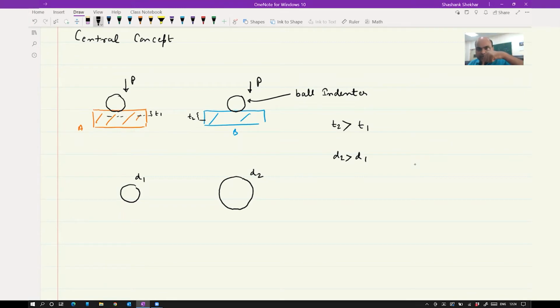Again, remember it's a ball indenter, so when you indent it and see the top view, you are going to see a circle. Since T2 is greater than T1, you see a larger circle in alloy B. So if T2 is greater than T1, then D2 is greater than D1, where D is the diameter of the indent impression, and T is the depth of indentation.